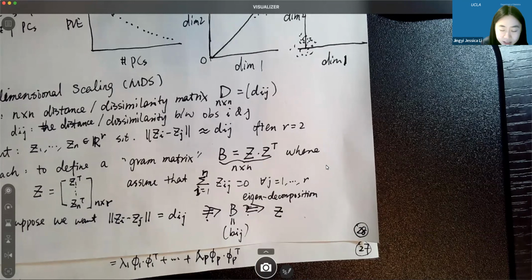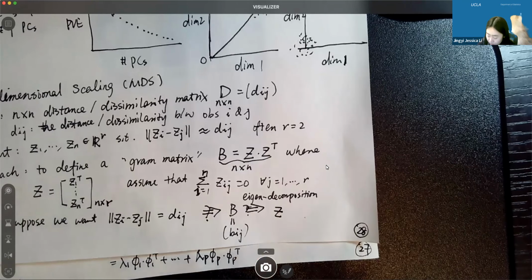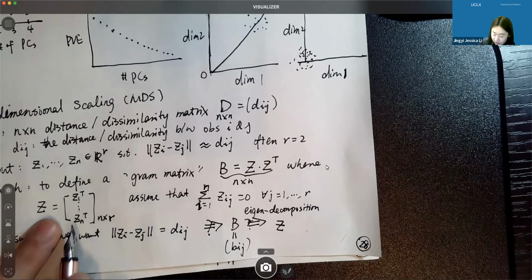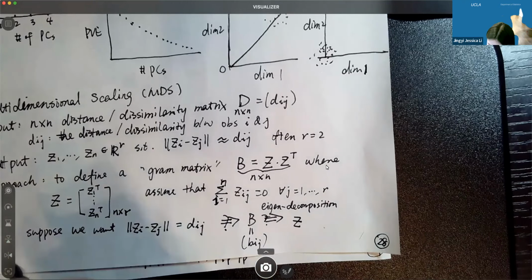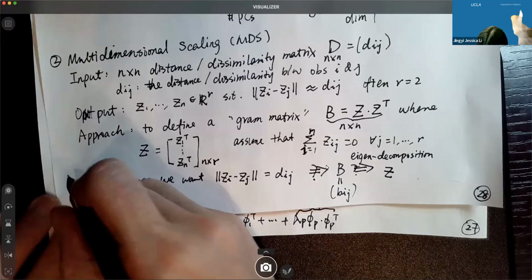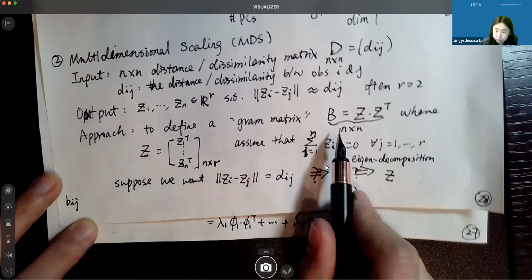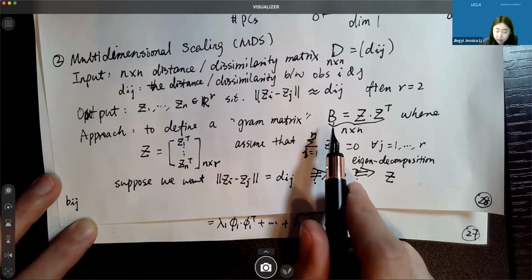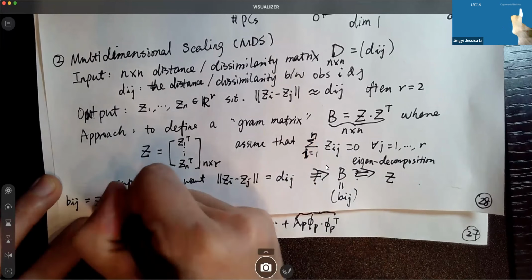If that's the case, then we can express that relationship, since B is equal to Z times Z transpose. If I look at this Z matrix and its transpose, you can see Bij, the ith row, jth column in B, is basically equal to Zi transpose times Zj.